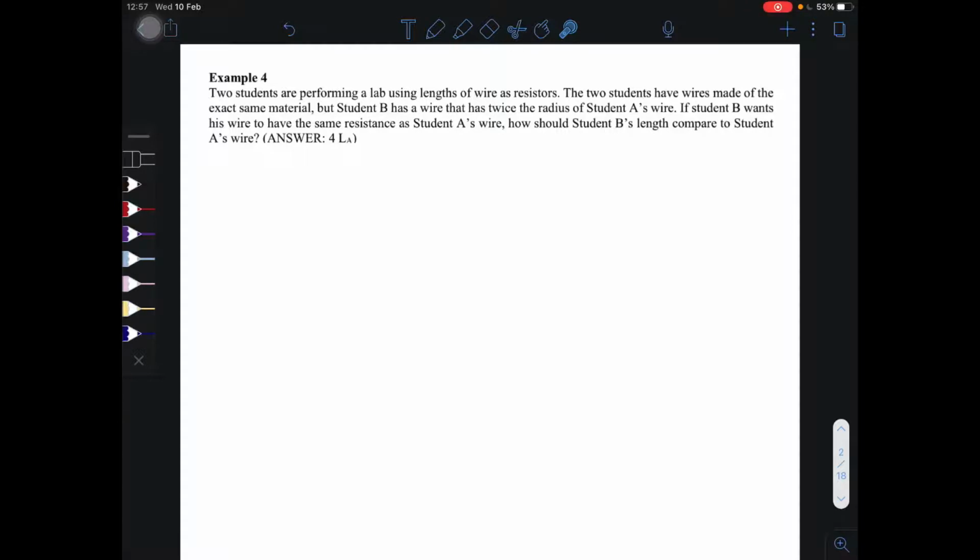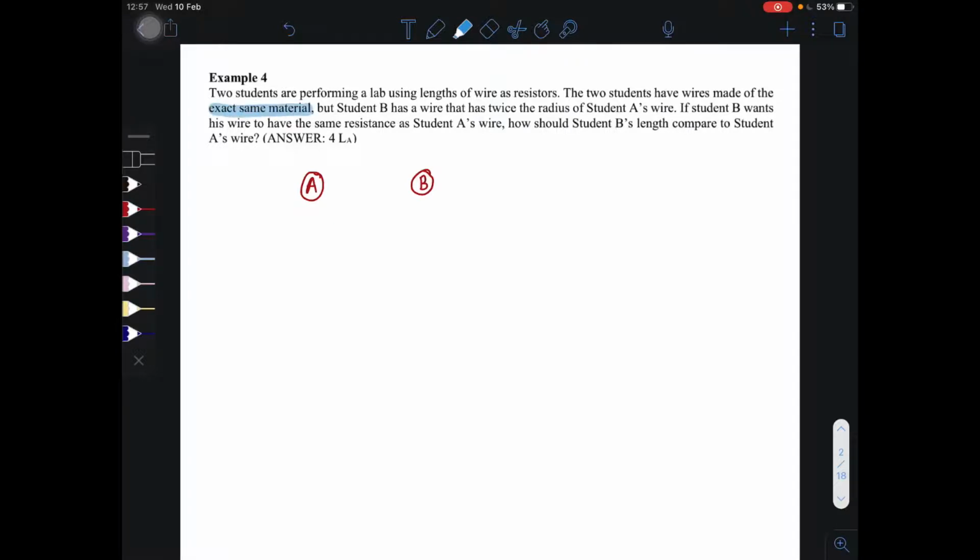So basically here we have two students, student A and student B. Okay, let's see what information was given. Here it says the two students have wires made of the exact same material.